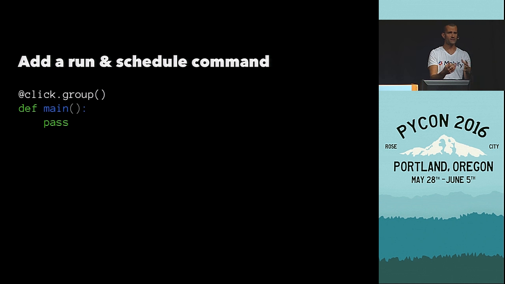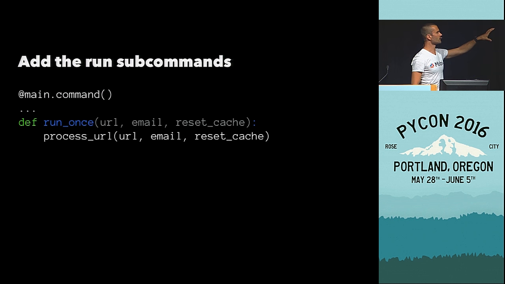So the first thing that we do is we take out all the logic that we have in our main function and move it out into a separate function. And then we create something that's called a group. We wrap our main entry point into the command line client in a group. And then we can create a new function, and this is basically the command that will be exposed on the command line client.